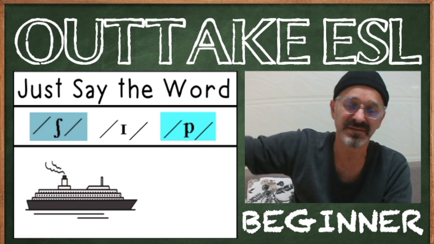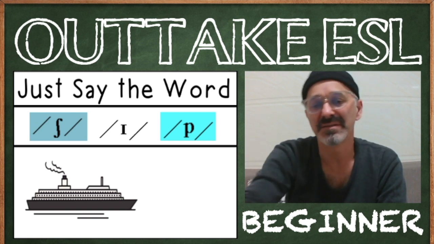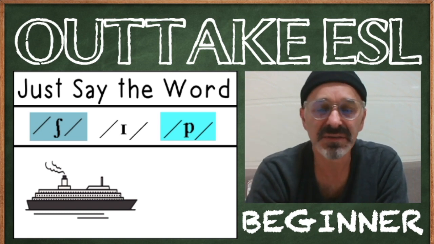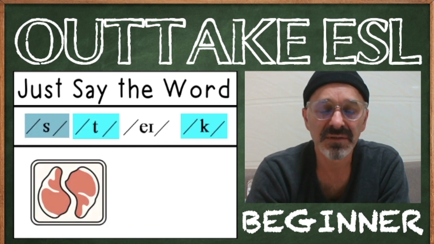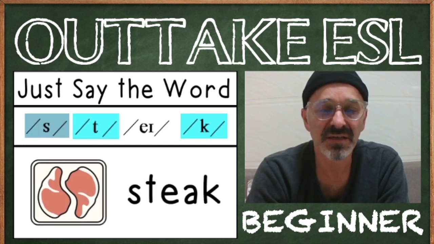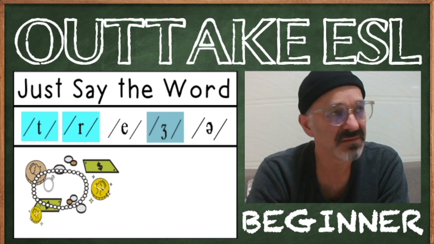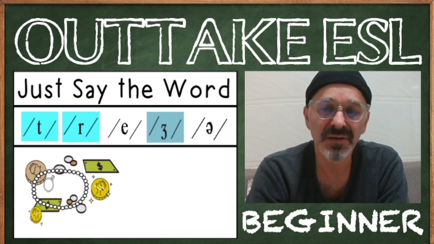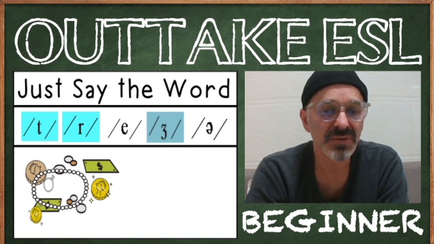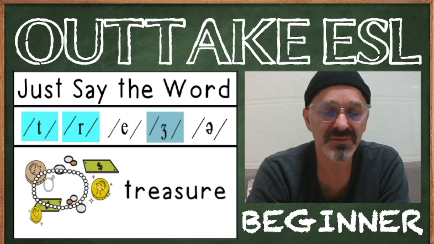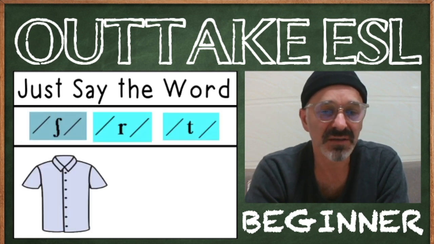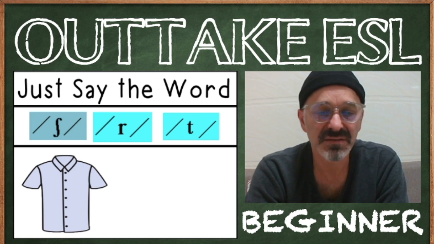I'll say, okay, this is what? Sh, and this is her. So what is it? Ship. This is t, a, k. So steak. This is t, r, e, a, treasure. This is what? Shirt.